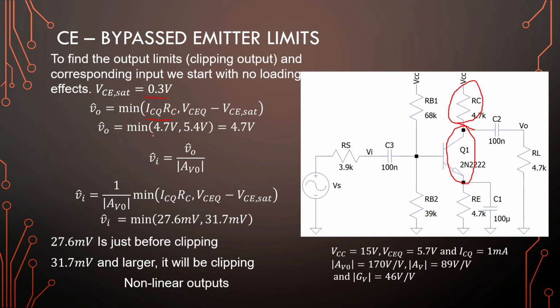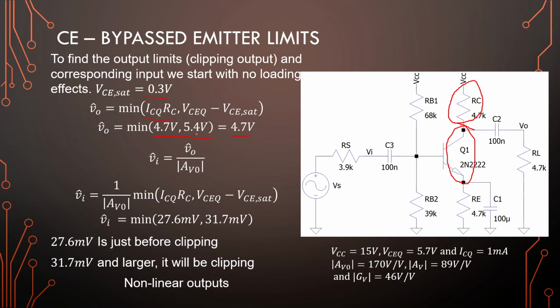We already have a Q point from a previous problem, and you can just plug in the values and you find 4.7 volts and 5.4 volts, and the minimum is 4.7. Now 4.7 is the maximum swing without clipping. If we go to 5.4, we actually do have clipping. Now clipping is when we hit the rail voltages.